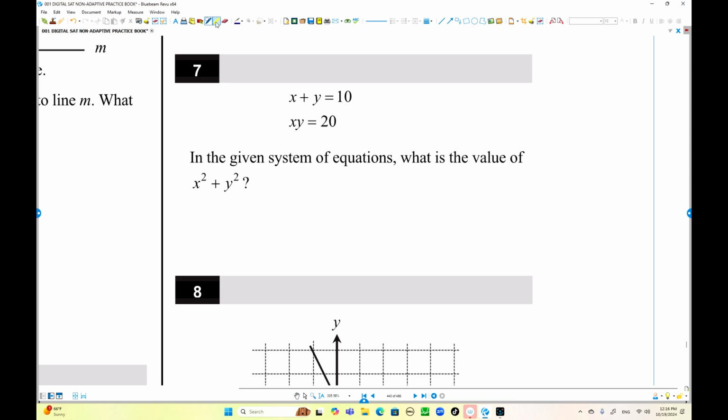When you square both sides of the first equation, you get x squared plus y squared, and we have a middle term, right? 2 times xy. That is equal to 100. But xy is given as 20. So 2 times 20 is 40. So from here, x squared plus y squared equals 100 minus 40, which is 60. Okay? You can find it this way.